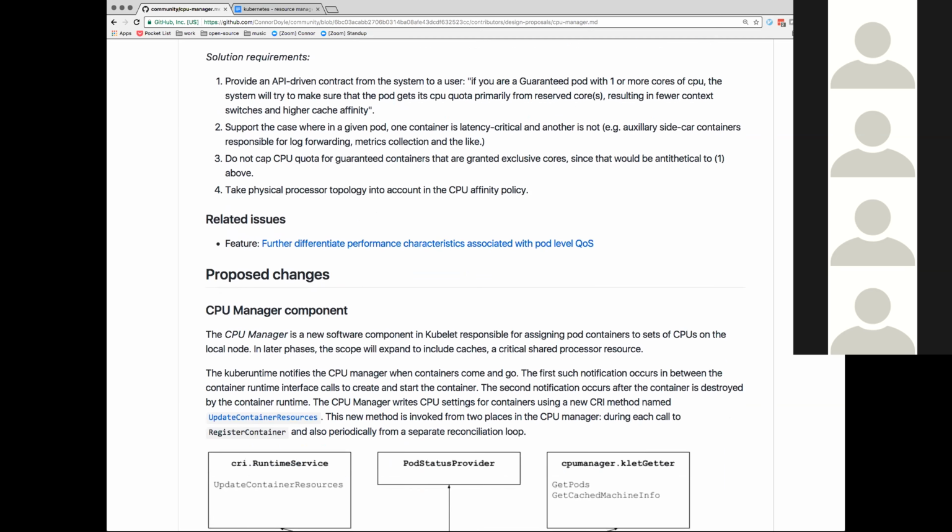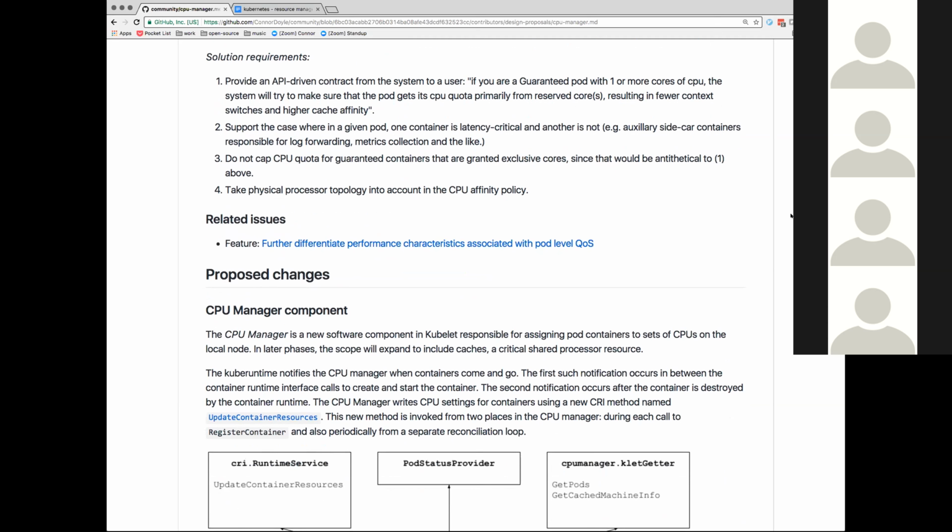Solution requirements. Here we have, basically, a requirement that the contract is API driven, but doesn't expose too much of the underlying topology of the node. And so this proposal uses only the existing resource requests and limits in the current container spec.